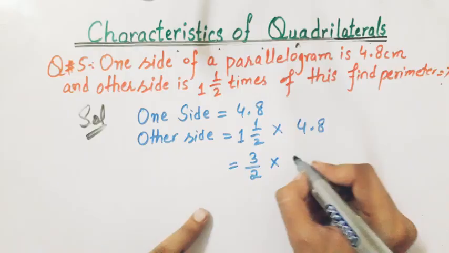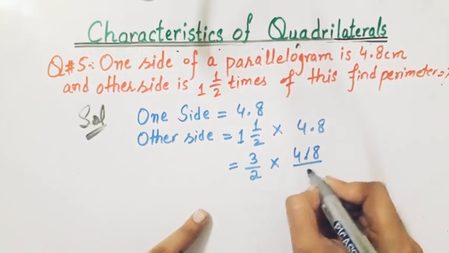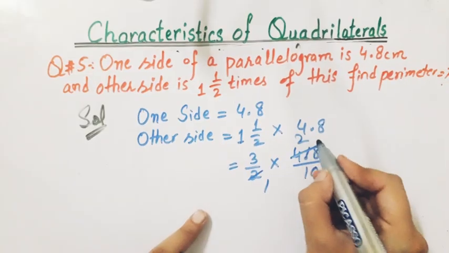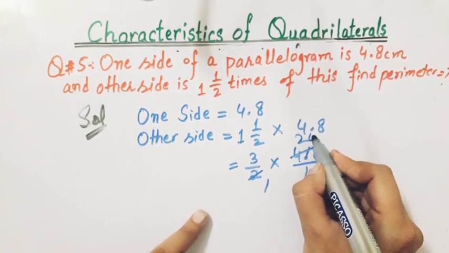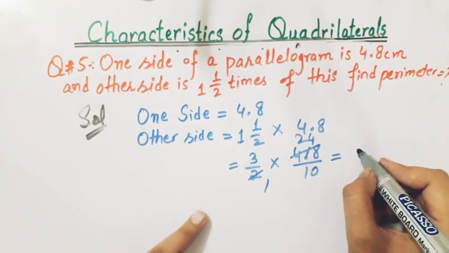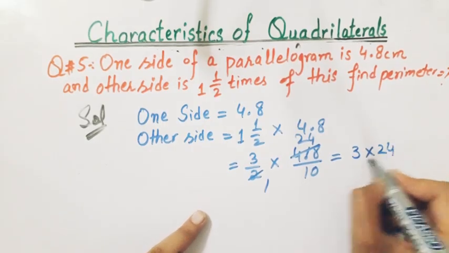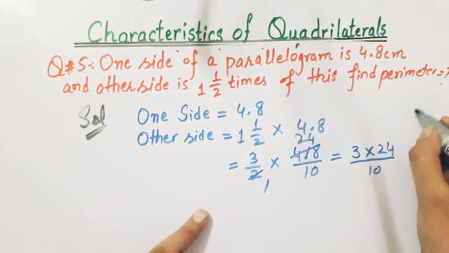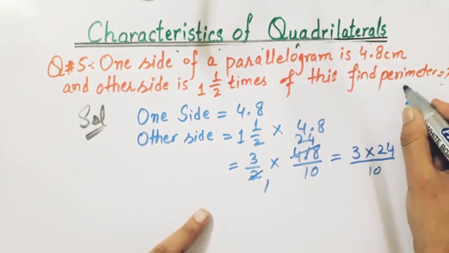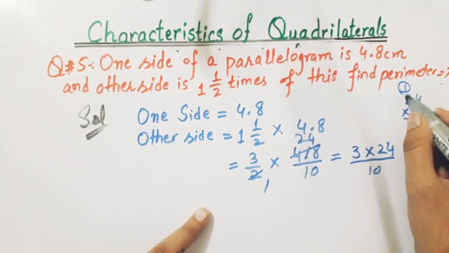Now here we will remove the decimal, so it will become 10. So now we will solve this. 2 1s are 2, 2 2s are 4 and 2 4s are 8. It means we got 3 multiplied by 24 divided by 10. So 24 multiplied by 3: 3 into 4 is 12, then 3 into 2 is 6, 72.